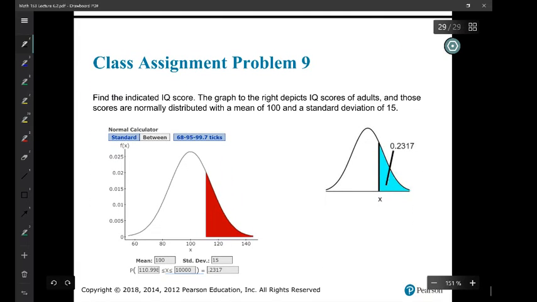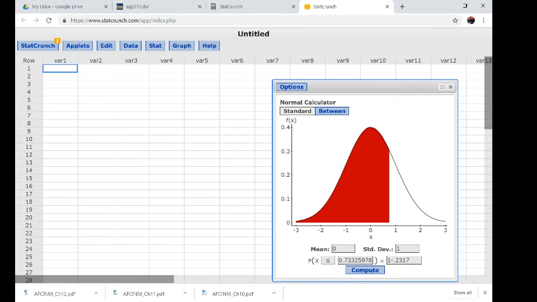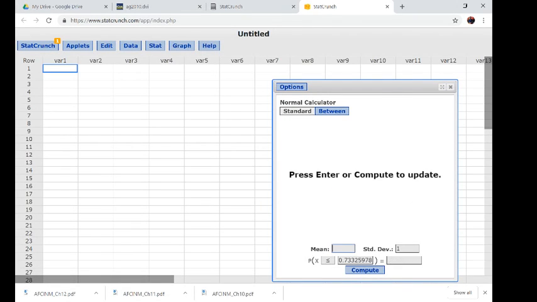We can do this very quickly if we type in the mean, the standard deviation, 100 for the mean and 15 for the standard deviation, and then type in the area.